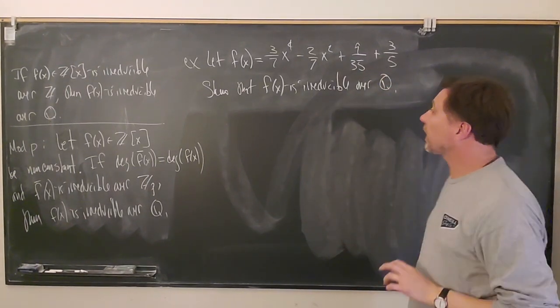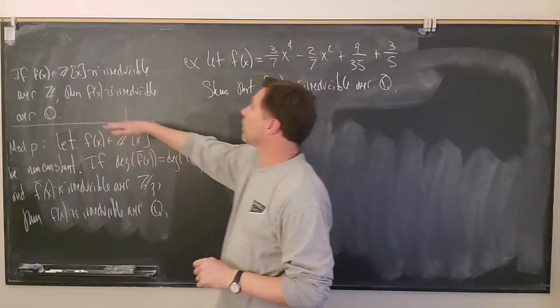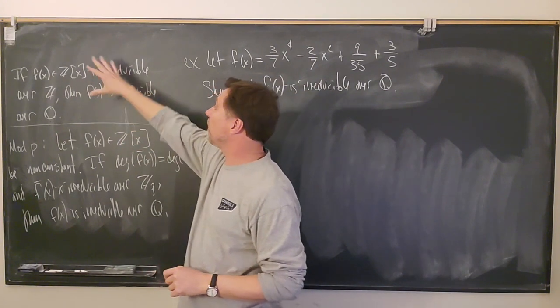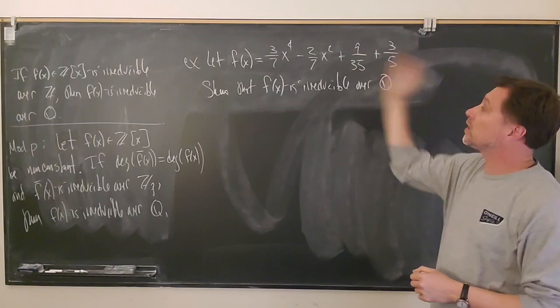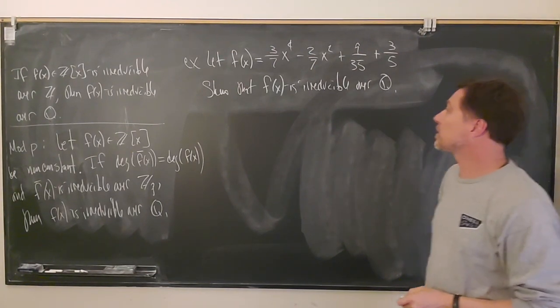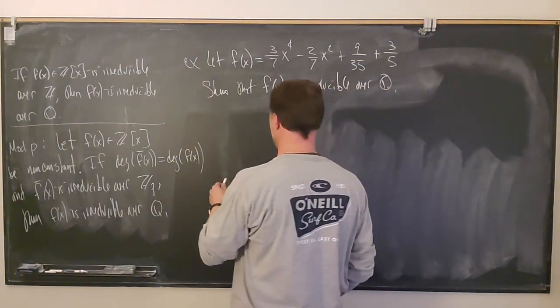The first thing I want to do is make use of our result right here, so I want to really work with integer polynomials. So I want to clear out the denominators. I'm going to multiply by 35.